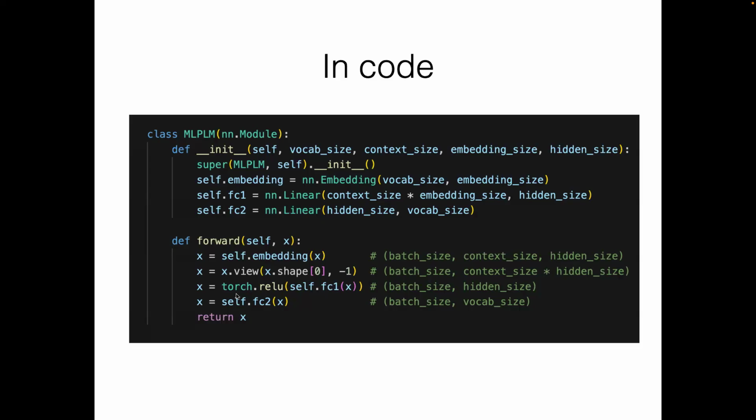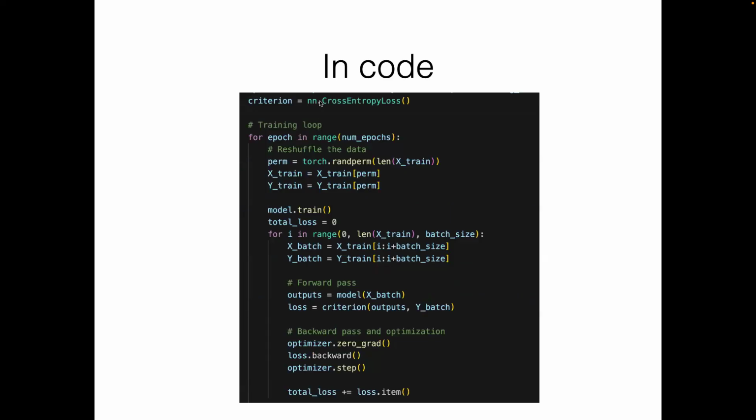Then you're applying this nonlinear layer. Here we're not using tanh, we're using this ReLU function. And then this is the output layer, which gives you the scores over the vocabulary. I'm going over it quickly, but the notebook is there, and you can go through it at your own pace.